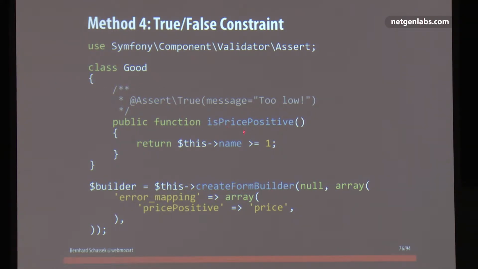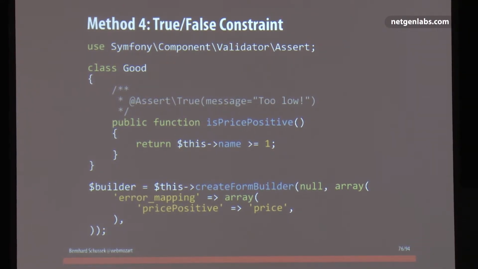Or is price positive, then the field name is price positive. And if you don't have a price positive field in your form, the form component will not know where to map that error, and it will display the error at the very top of your form. Makes sense, right? Because the form component doesn't know what to do, right? Let's display it at the very top.